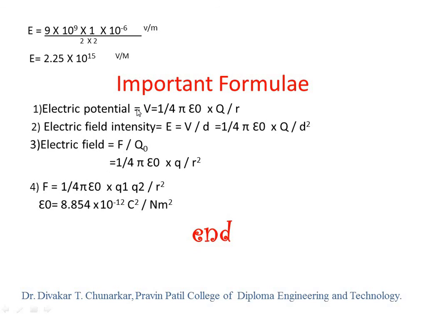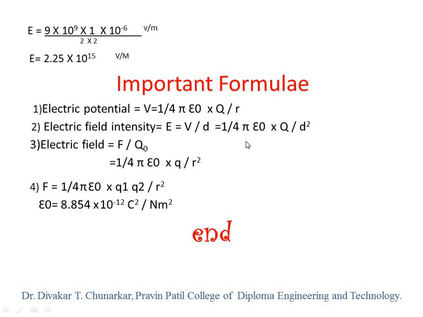You have to read some formulas and use them to solve numerical problems at home. Again, I revise these formulas. Electric potential is denoted by V, and V equal to 1 by 4 pi epsilon 0 into Q upon R. Then electric field intensity E equal to V upon D. If the value of V and the value of D are given in the numerical problem, you use only this formula.